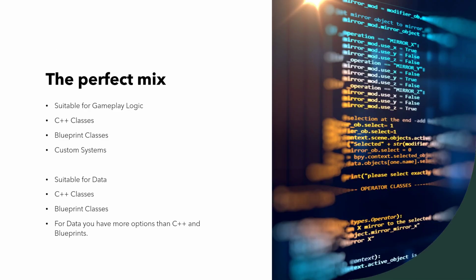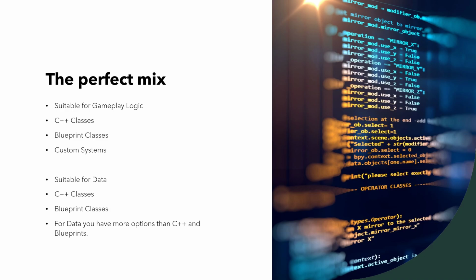How about a perfect mix? Suitable for gameplay logic are the C++ classes and Blueprint classes, but there are also custom systems like the materials editor in Unreal Engine 4, the sequencer tracks, and AI behavior trees. But for data, you have C++ classes and Blueprint classes.